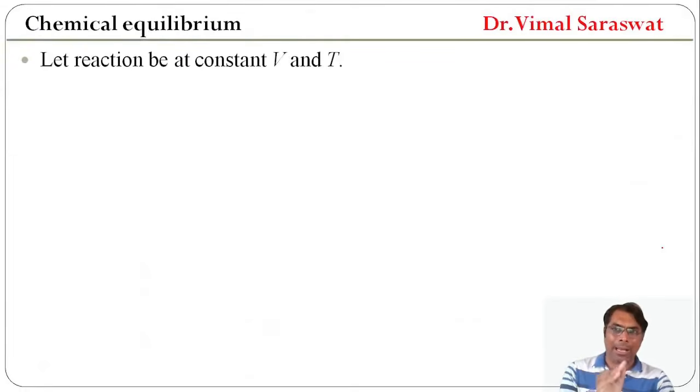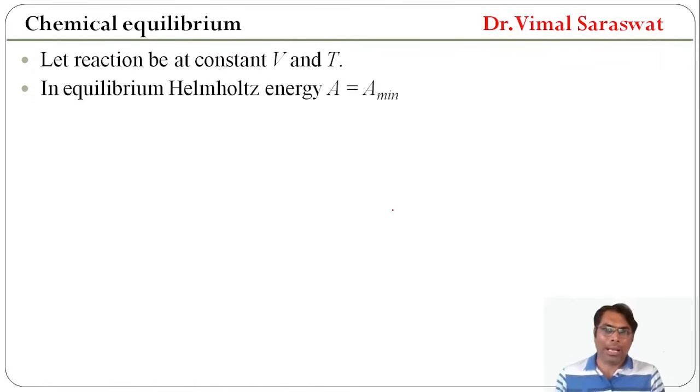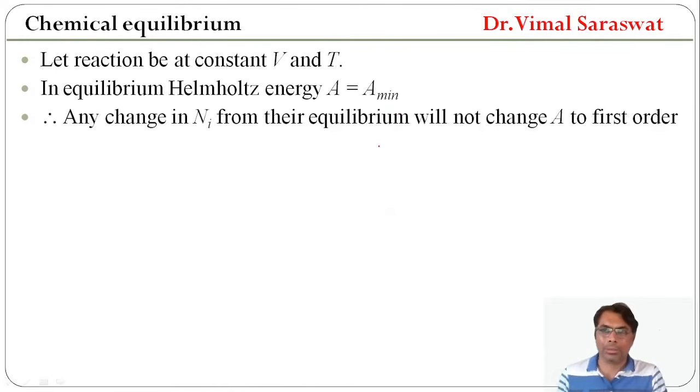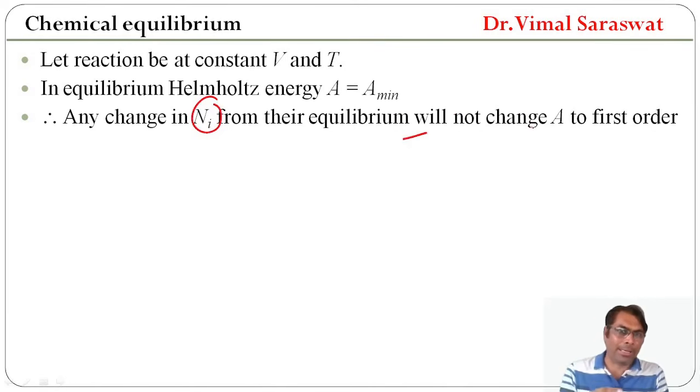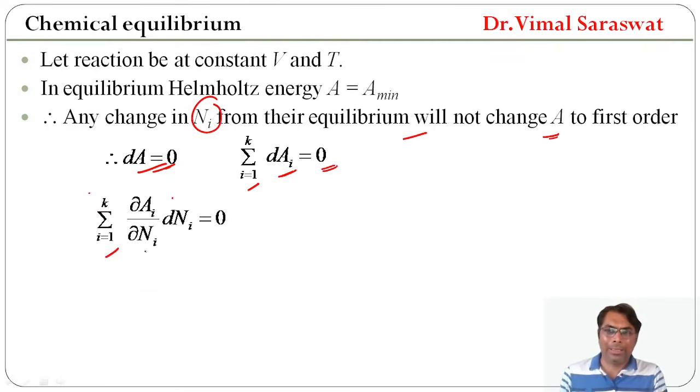Let reaction be at constant V and T. In equilibrium, Helmholtz energy A equal to A minimum. Therefore, any change in Ni from their equilibrium will not change A to first order. So dA equal to 0 or sigma i equal to 1 to k dAi equal to 0 or sigma i equal to 1 to k del Ai upon del Ni dNi equal to 0.